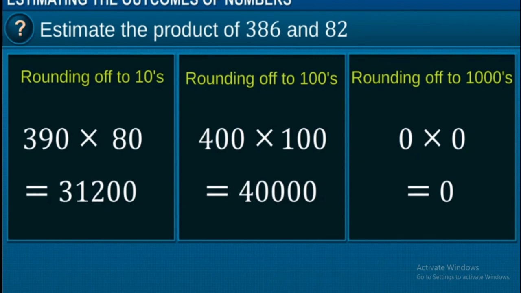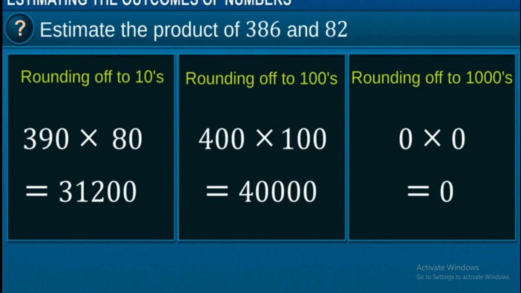And rounding off to the nearest thousands, the estimated product is 0. We can see that there is a vast variation in the estimates. Rounding off to the nearest thousands is not a good estimation. Here, rounding off to the nearest tens is a good estimate.